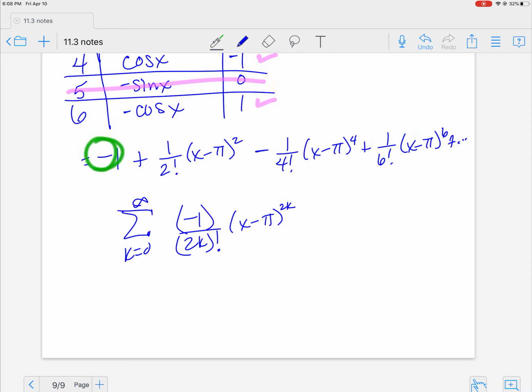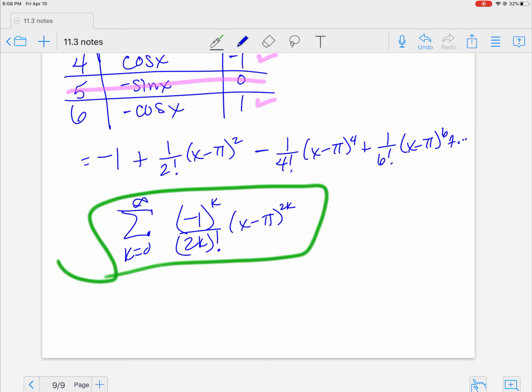I have an alternating series, but here's the deal. You're starting with a negative. So if I were to just make this -1 to the k, that wouldn't be correct, because I could plug a 0 in, and that would be a positive 1. And that's the issue. You see that? Then if I plug in a 1 here, that should be a negative for the next term. And it's not happening either.